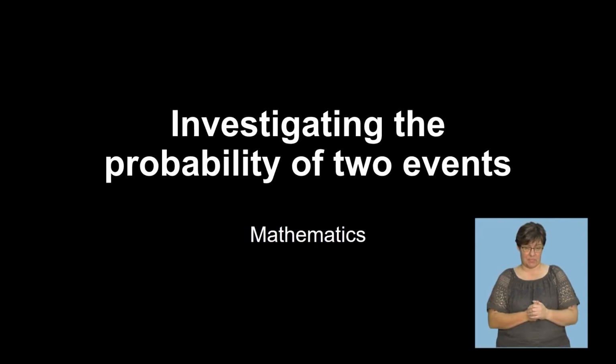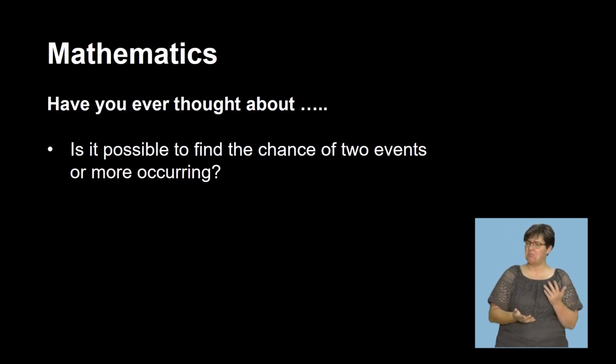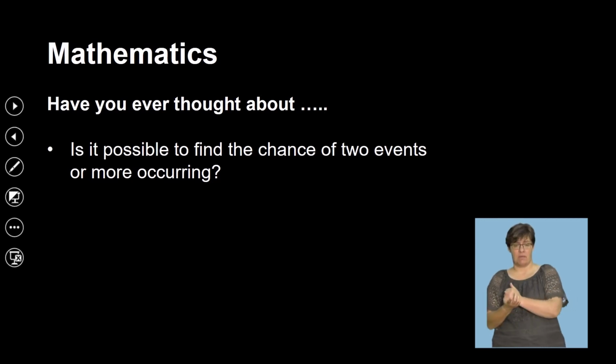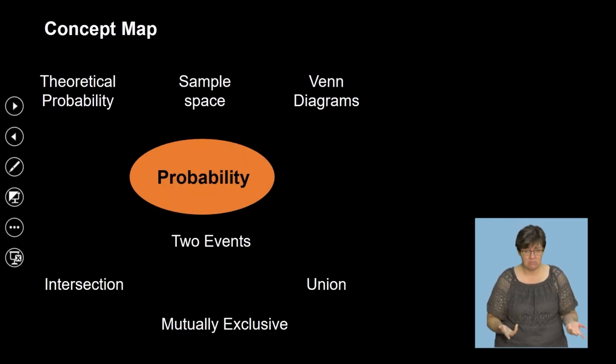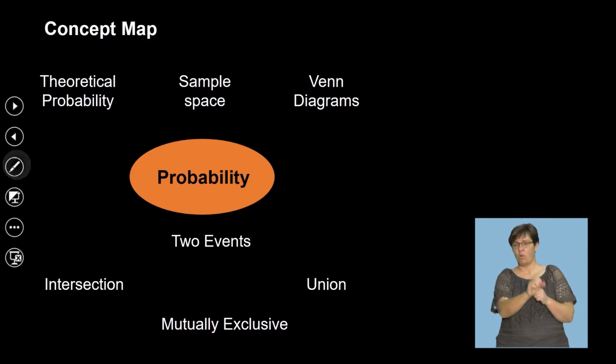So, investigating the probability of 2 events, have you ever thought about, is it possible to find the chance of 2 or more events occurring? Well, if we look at our tools of probability that we've had, we recognize we know how to do some of these things.